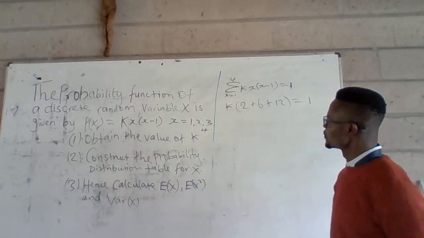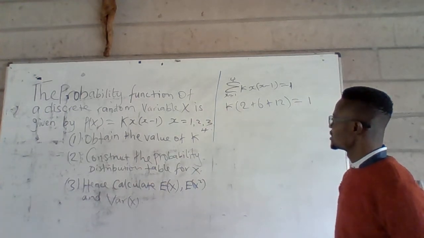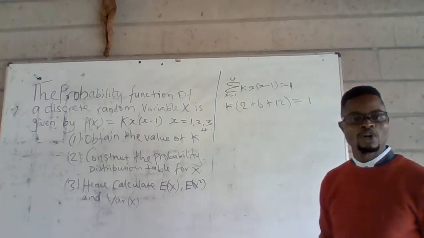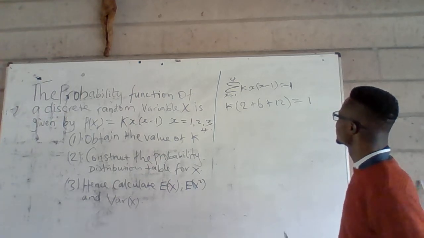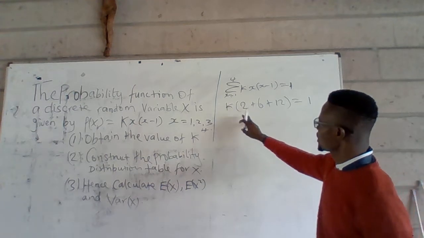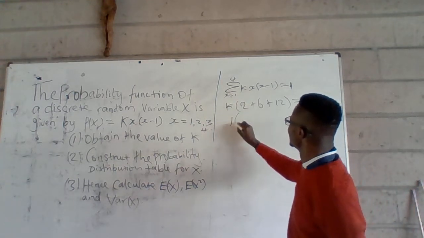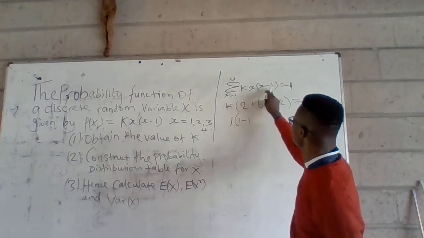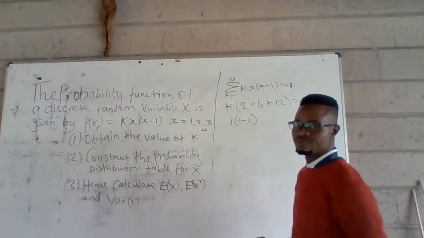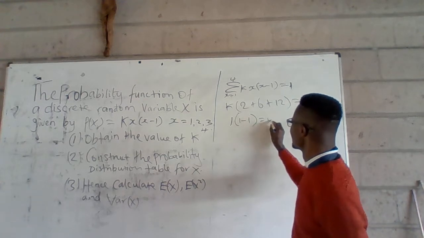But for the purpose of clarity and more understanding, because this seems to be more complex for someone who is just looking at how we get this, just substitute. You have 1 into 1 minus 1 in this bracket, and this will give you 0.